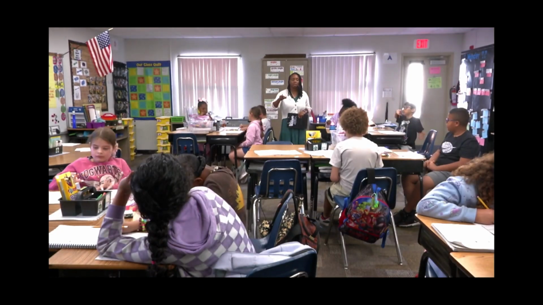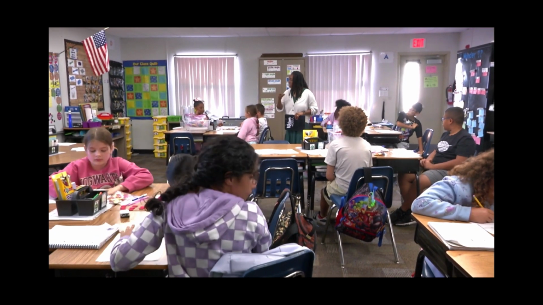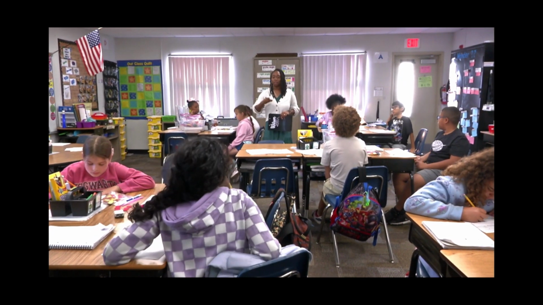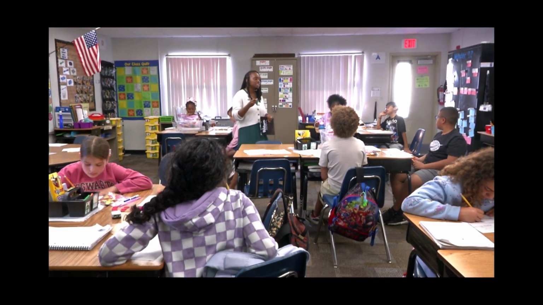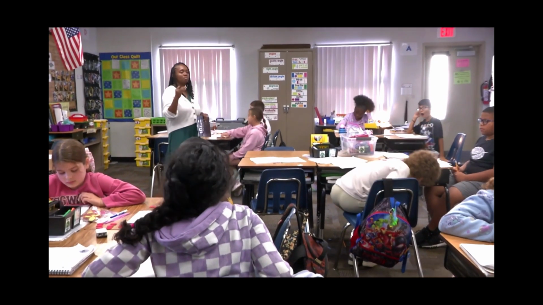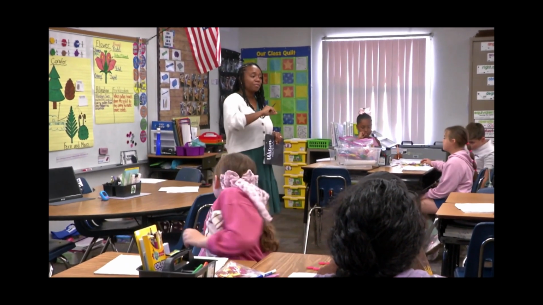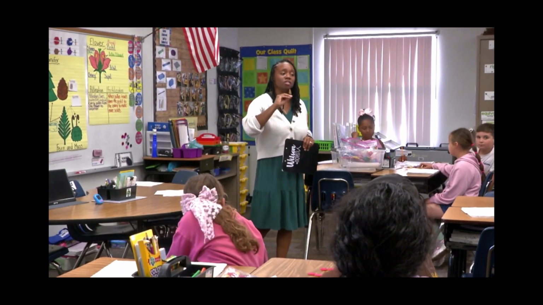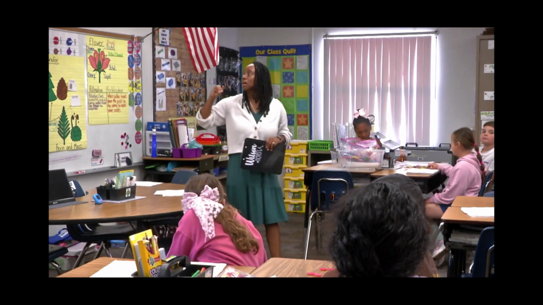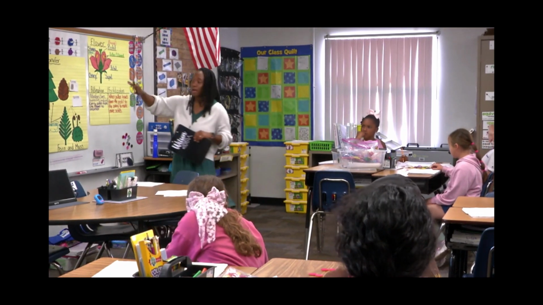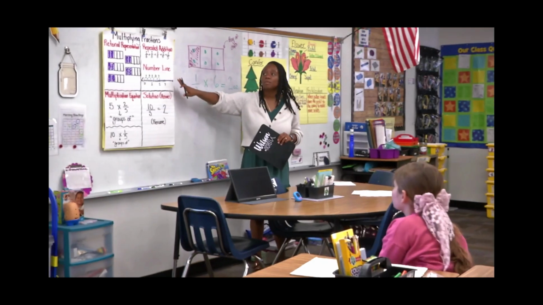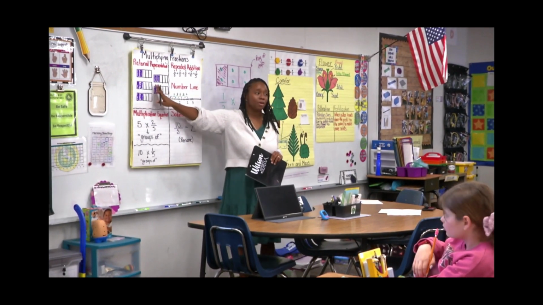To create these models to match these scenarios, some of you have even gotten to a point where you're like, hey, Miss Wilson, I can solve this even without a model, but I can still make connections back to the model. I even love how some of you attempted to use, for some of these questions, you're like, I can't use a set model, I have to use a number line. Or Miss Wilson, I can't use a number line, I have to use the area model.